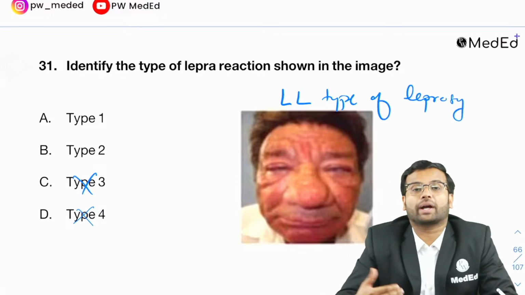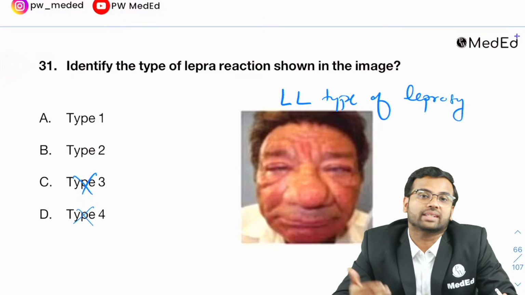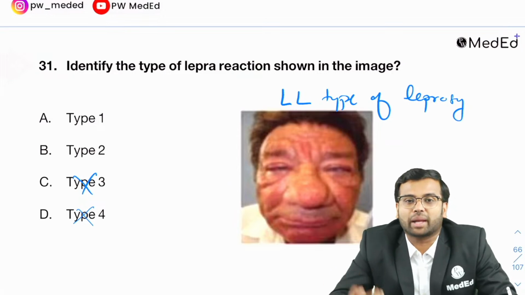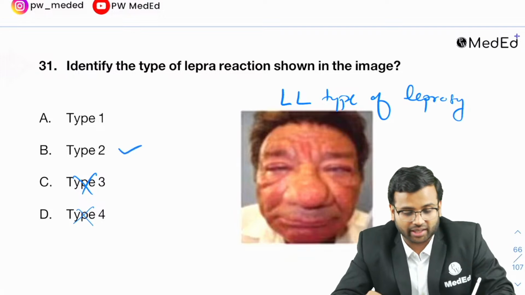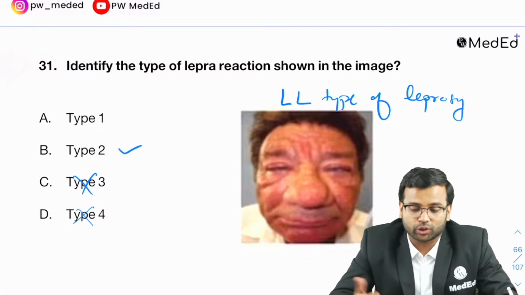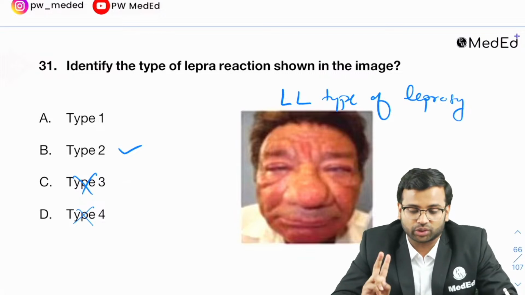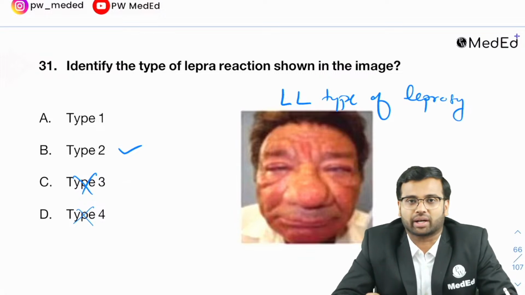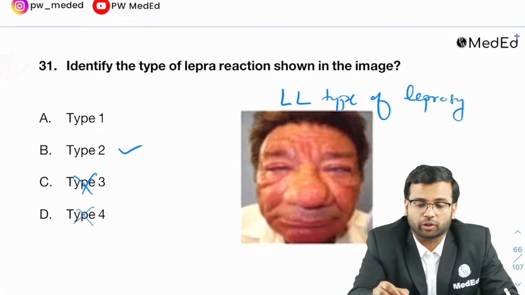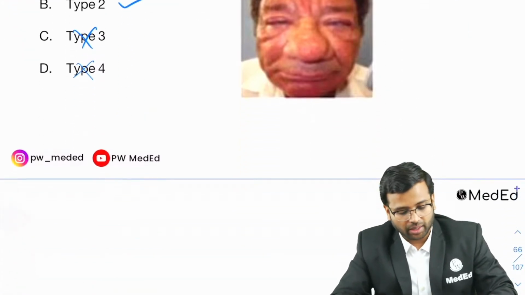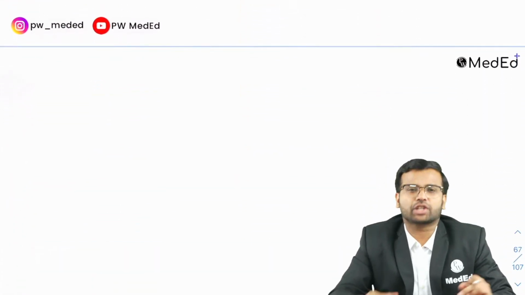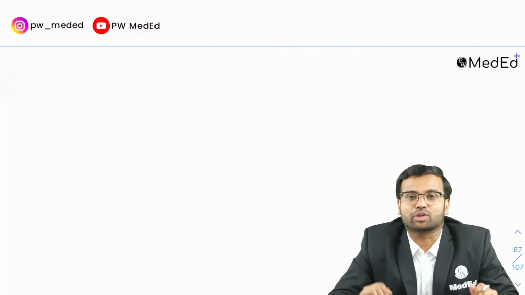So in lepromatous leprosy, what is the kind of lepra reaction that is expected? The correct answer is type 2. Jayasurian, Khan, Satyajit, all of you are answering it right. So this is going to be type 2 lepra reaction. Let us do a very quick revision of these types of lepra reaction.